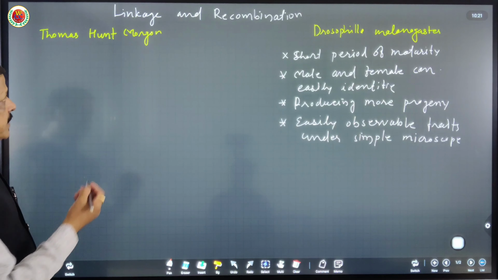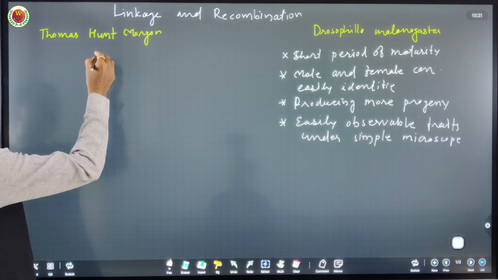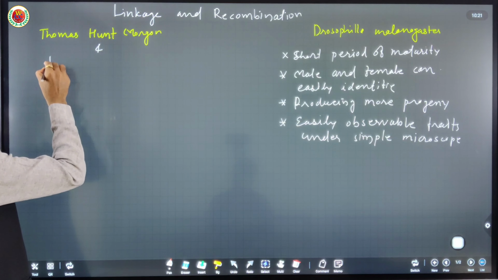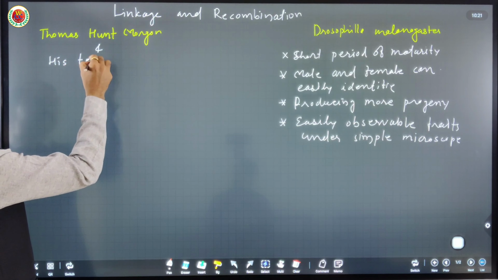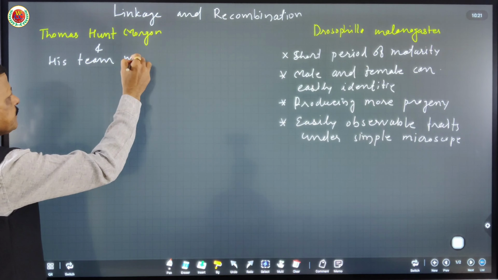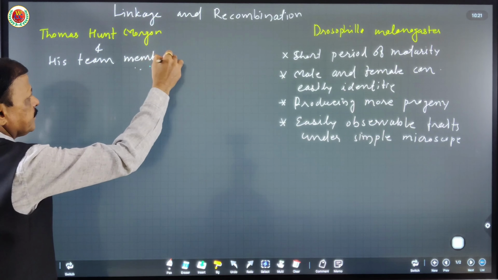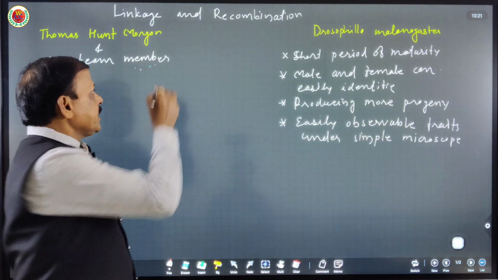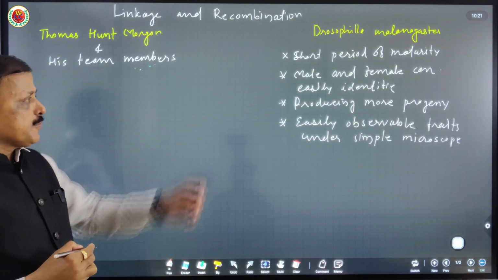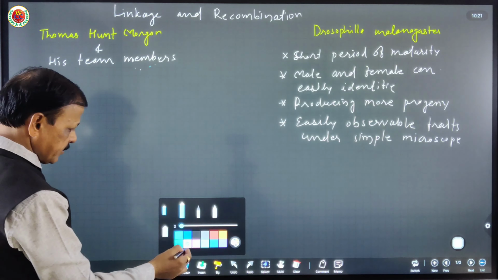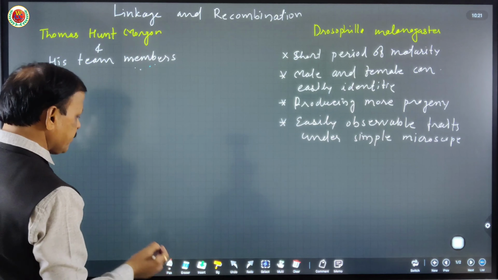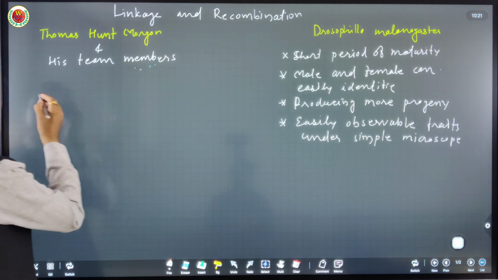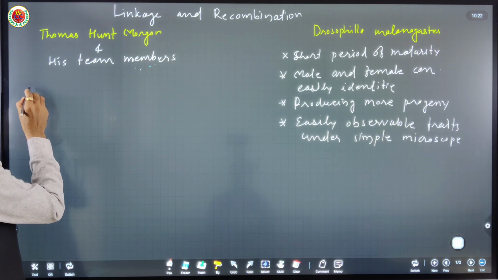Now, Thomas Hunt Morgan and his team members decided to carry out an experiment on Drosophila melanogaster, and therefore they selected it as an example for their experiment. They selected two traits to be observed.